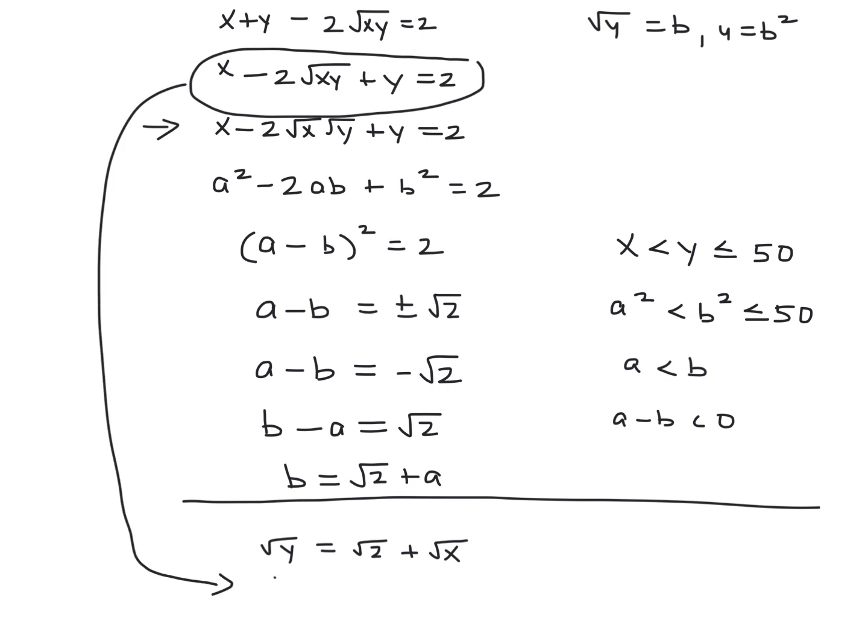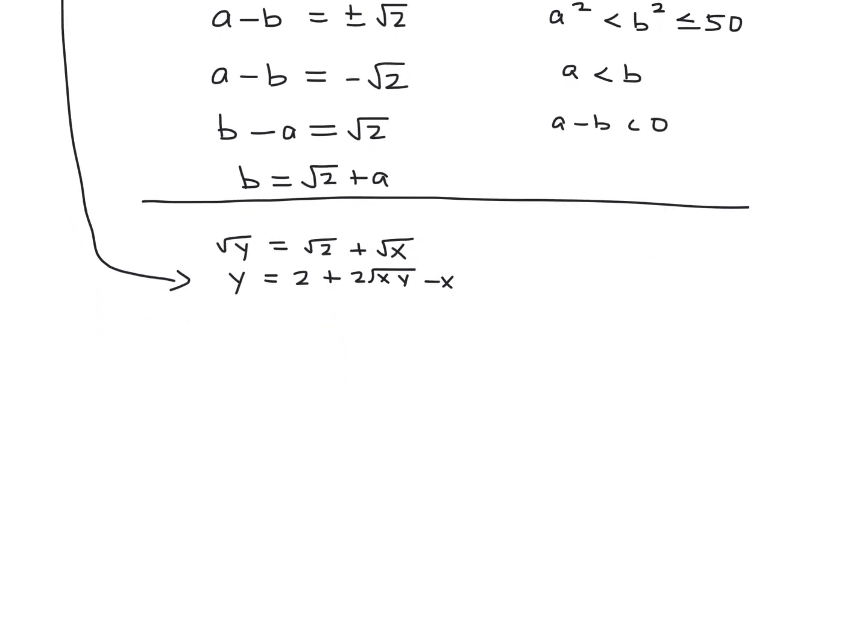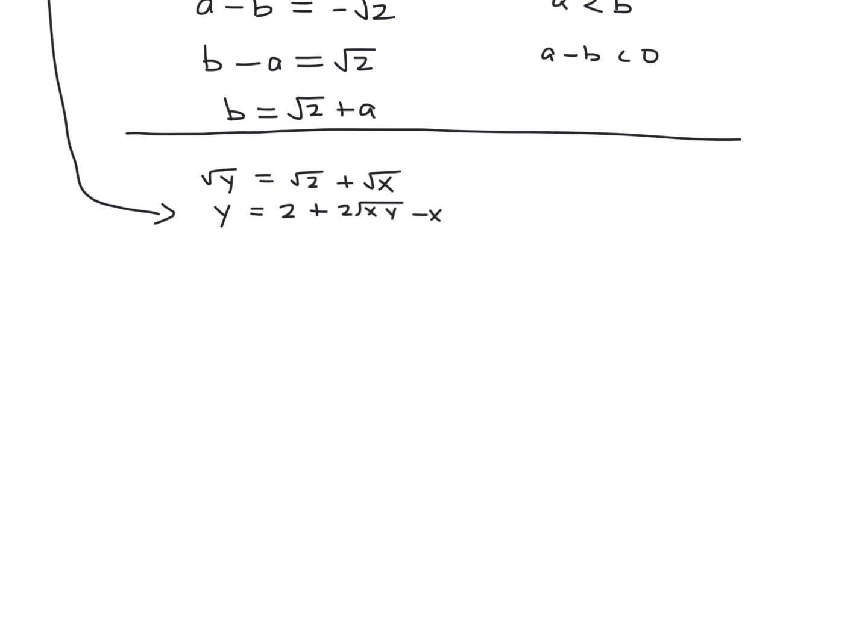And I'll just write it in terms of y. y is equal to 2 plus 2 root x plus x, I believe, right? That would be the correct way of writing that. Okay.